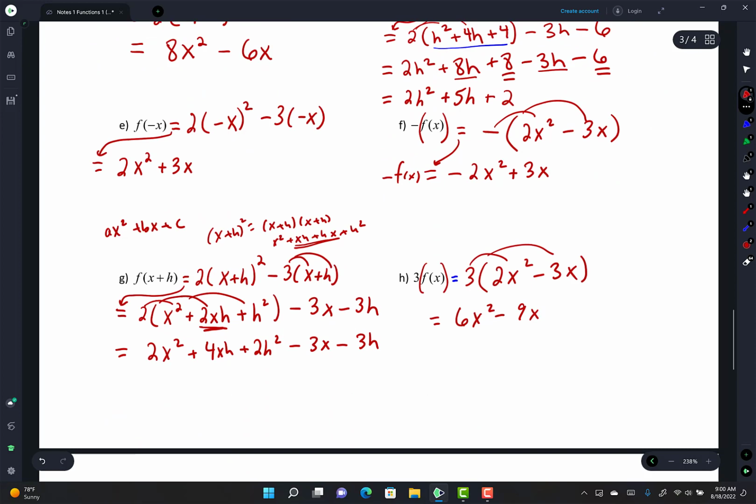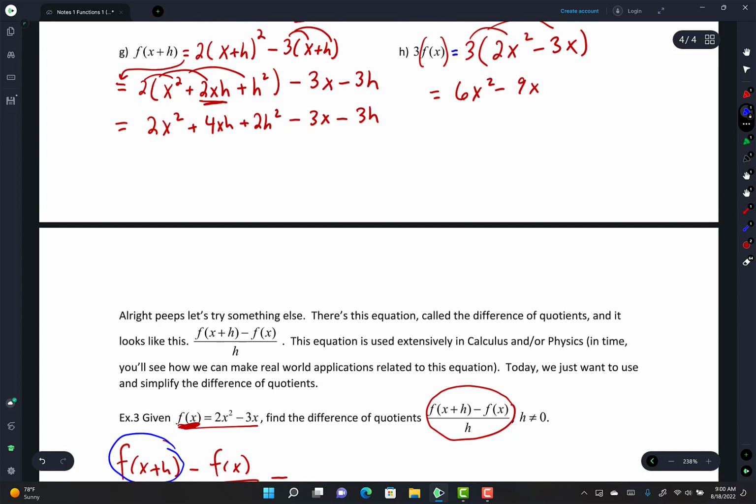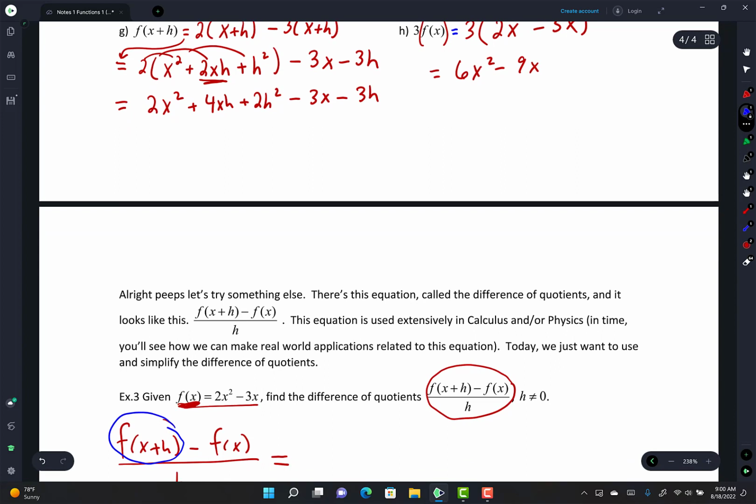Do we already have, somewhere in here, f of x plus h already embedded? Look very carefully. Do you see it? Copy that expression. Look, it's right here, you did it on letter G. Copy that expression verbatim.